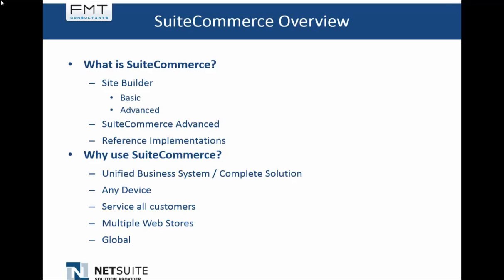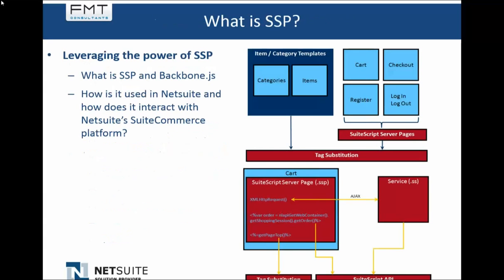So let's jump right away into SSP. As I said, SuiteScript Server Pages are essentially HTML pages with HTML, JavaScript, and other proprietary syntax. As you can see in the screenshot, we have categories and items, which are part of a regular Site Builder, that use tag substitution.